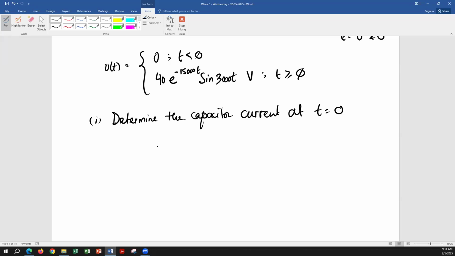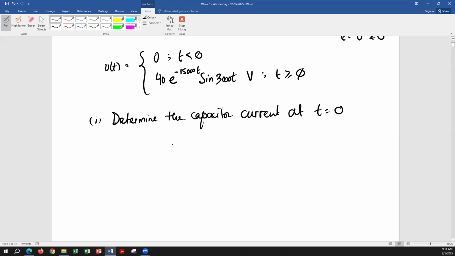So basically at t equal to 0, or you can find current at any time, but the reason we are trying to find the current at t equal to 0 is to see, since the capacitor voltage is still 0 before and after t equal to 0, if the current is going to change. Before t equal to 0, current is 0. And now we want to see at t equal to 0 if the current is going to change instantaneously, if it will acquire some value or it will still be 0. Basically, that's what we want to see right now in this first part.